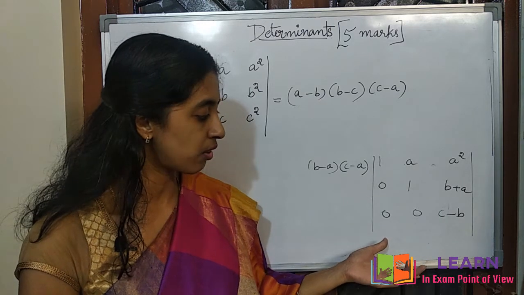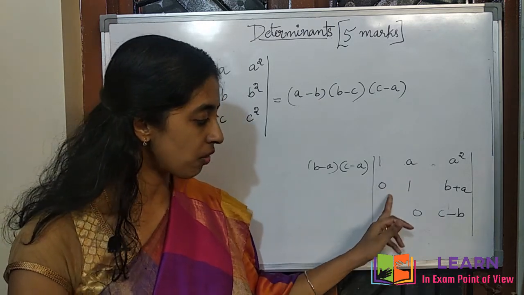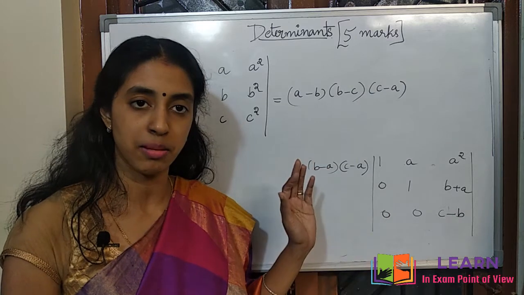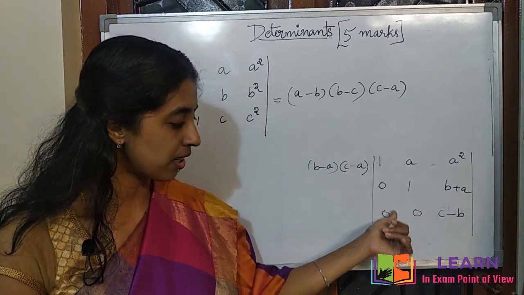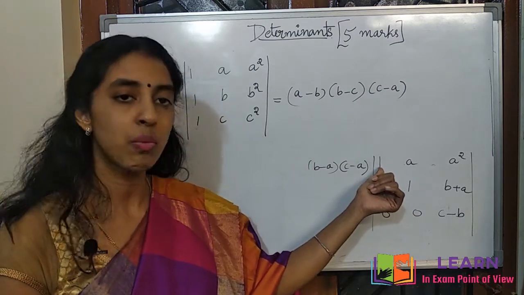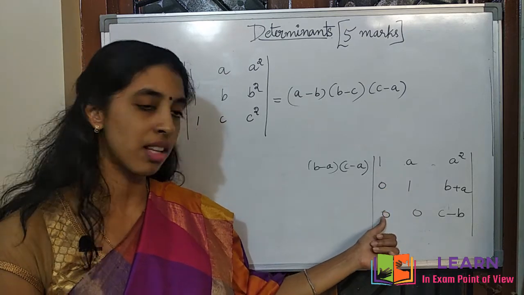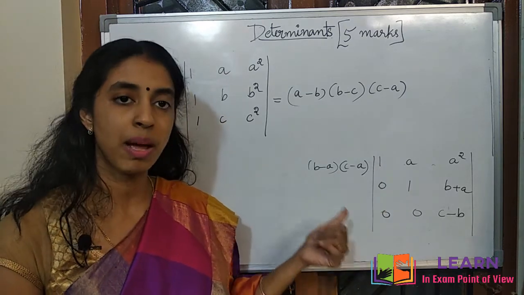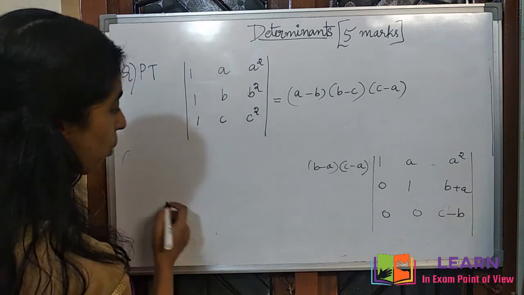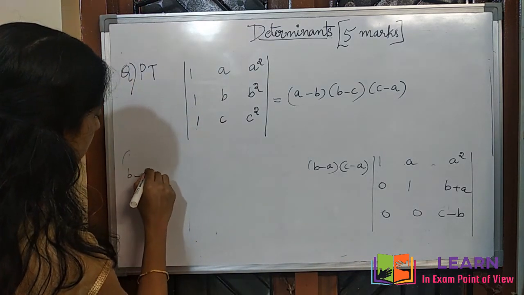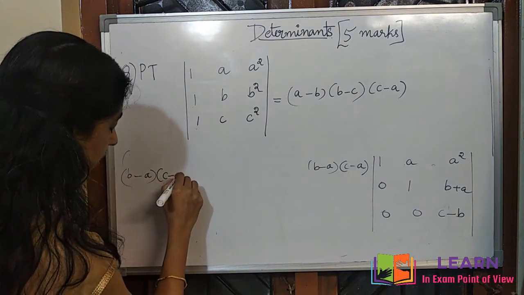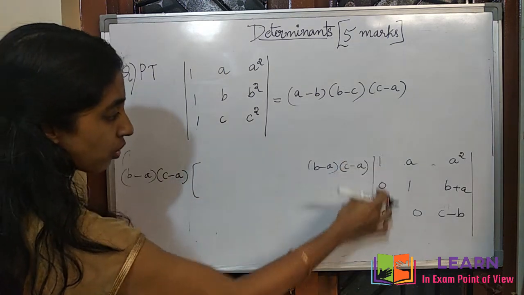Now what can we do? We can expand this determinant along the column, because in the first column there is only one element. The other two elements are 0. So it is easy to expand along the column. So b minus a and c minus a, you can keep there. Then you expand along the column.